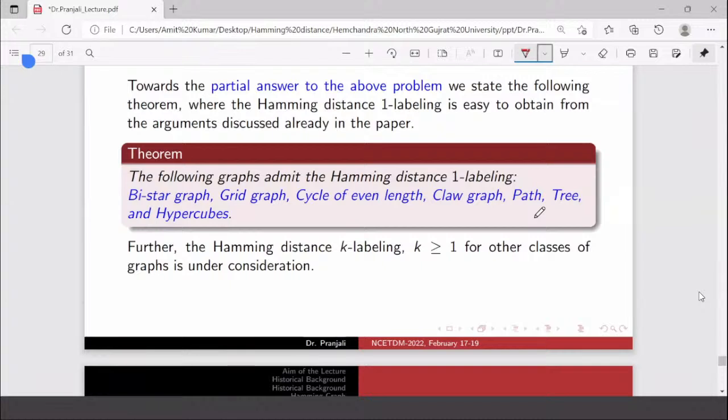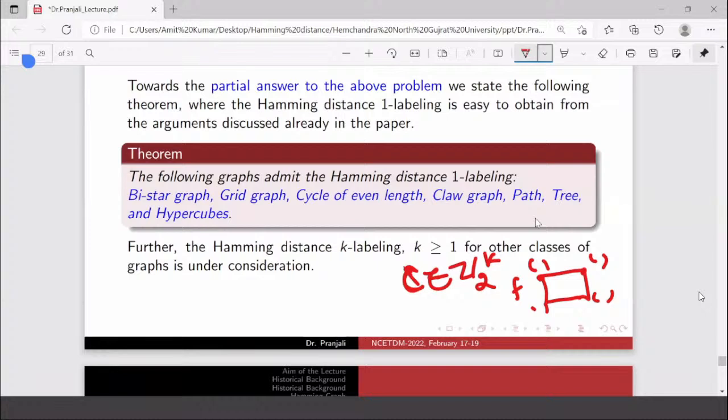What I emphasize here is that if you have a code from the elements of Z to the power K, then I would like to send this code with the help of labeling. Suppose I am able to label the vertices of this graph from this C, because C can have many codewords.